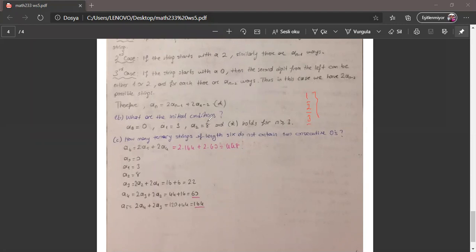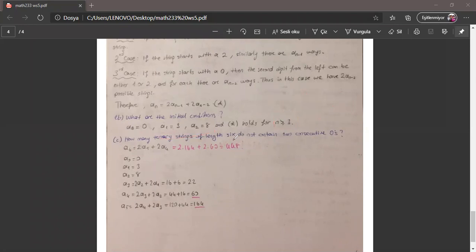And a2 is 8. You can just do that by yourself. You can already use permutation. And you see when n is greater than or equal to 3, this relation holds. So these are the only initial values.